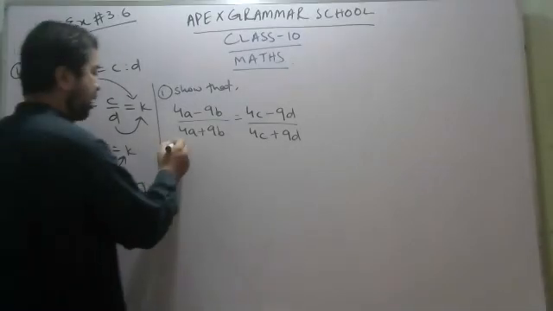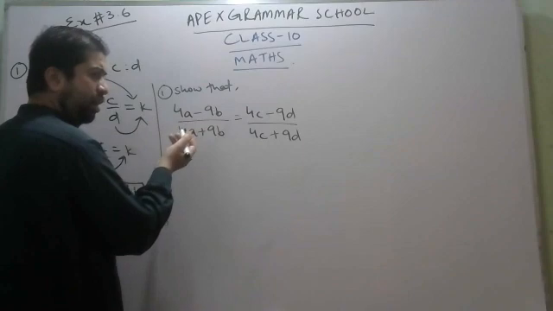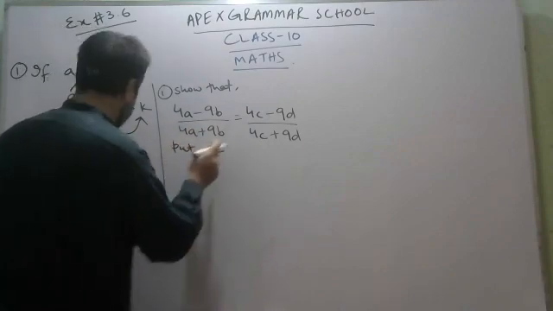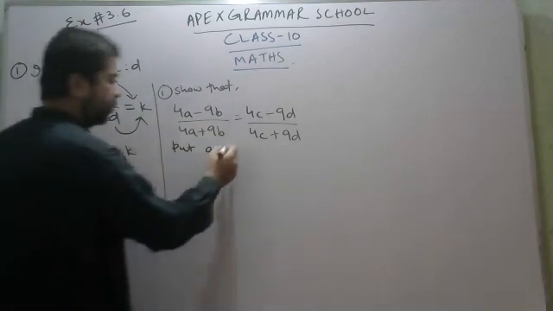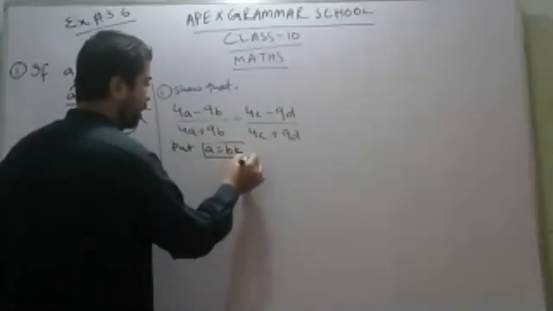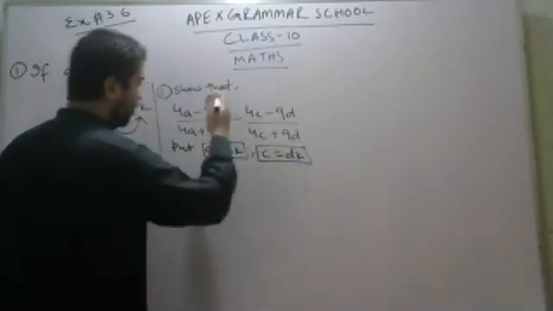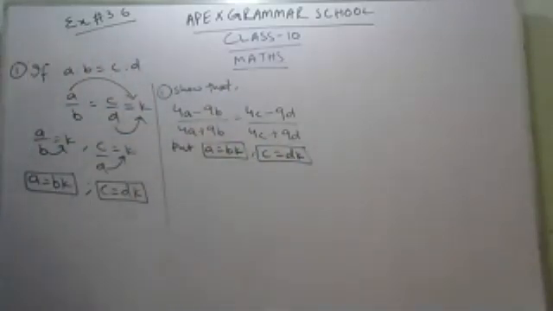So we will apply the k method, or put a is equal to bk and c is equal to dk. Put these values in and see what will happen.